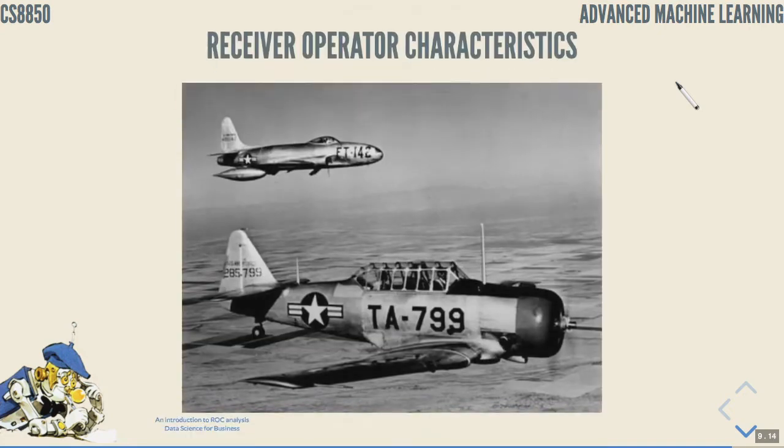There is, or actually there was, back in the times of World War II, a visualization technology developed for radars that were detecting enemy planes, and it's called the receiver operator characteristics curve.